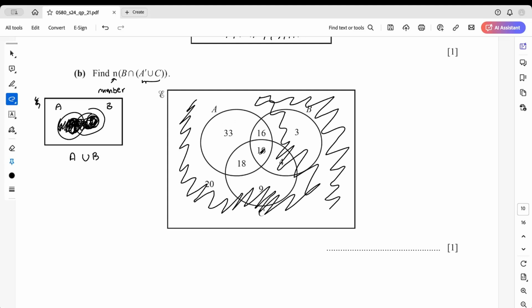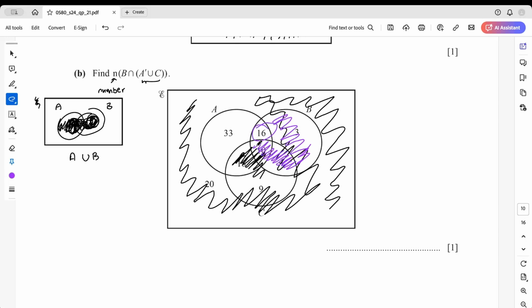And union C means anything in the set of C or in the circle of C, which is all this. Okay, using a different color. Now we want to find B intersection, where set B intersects with all of these black sketches, which is over here. Set B, remember, is this circle.